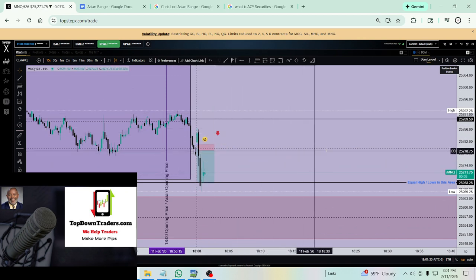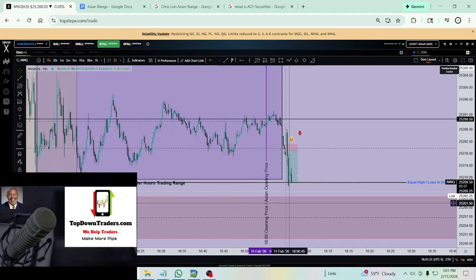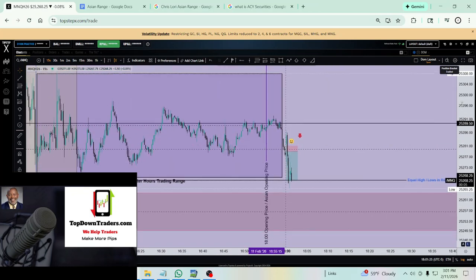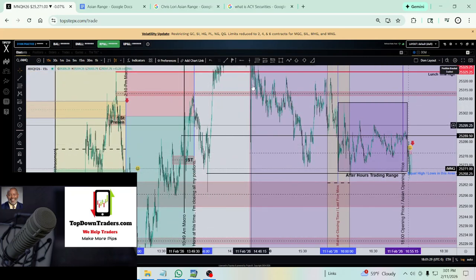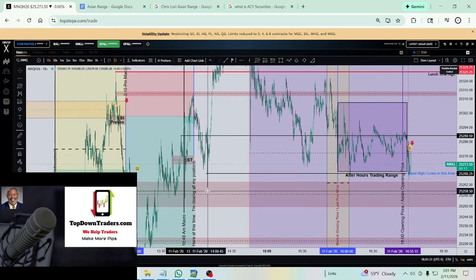That trade is complete. Now, since we took the liquidity, the next level of liquidity, which I did not trade, I'll map out for you would be here.